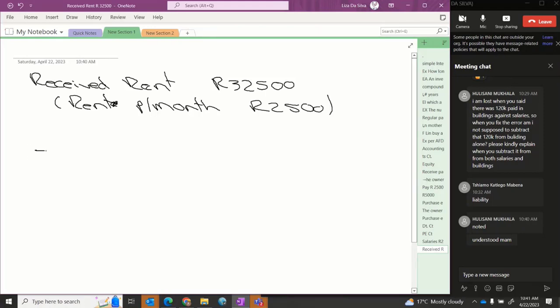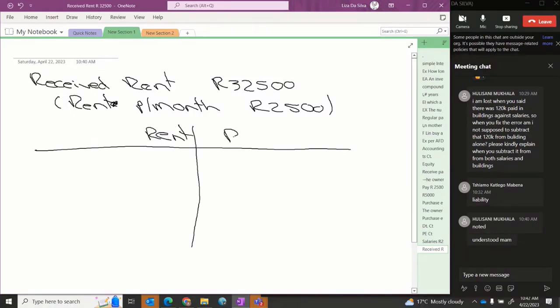Okay, now you must go and calculate whether you received enough, too much, or too little. The rent that you received was correctly noted in your bank account. It's an income, so you received 32,500 into your bank account.